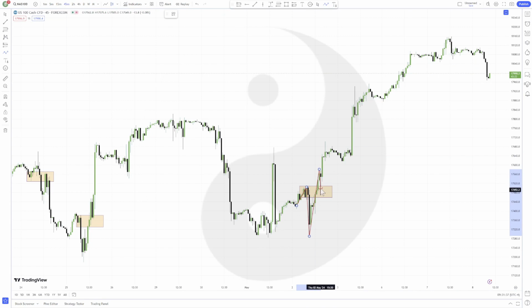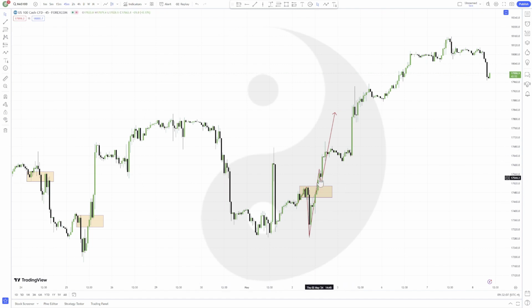Then we came back to retest our breaker block, then we enter our trade. So everything I said, the example I gave, played out here correctly. All you have to do is open your eyes and observe the market. The candlesticks always tell you what to do, when to enter, when to exit. The candlesticks tell us exactly what to do.